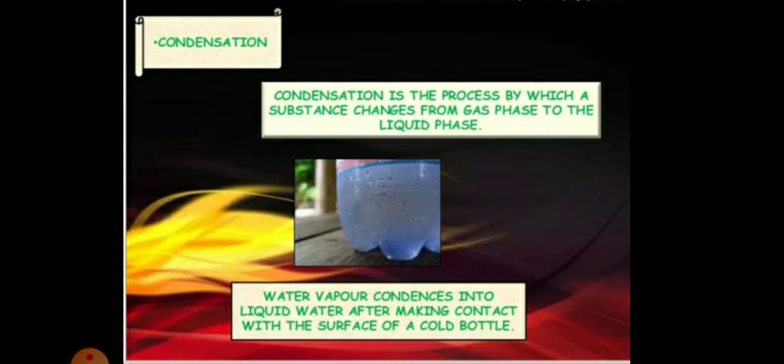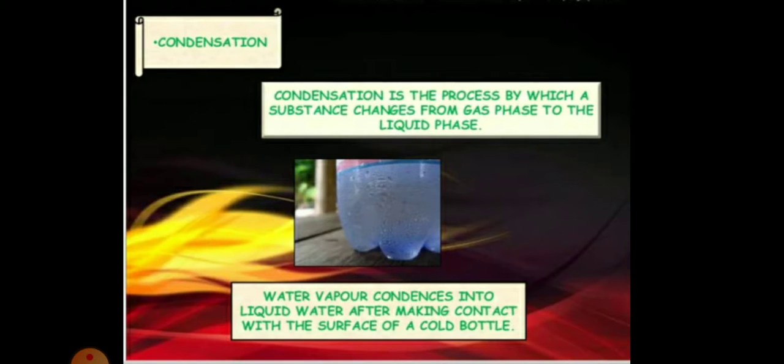So children, what do you mean by the condensation process? Condensation is the process by which a substance changes from the gas phase to the liquid phase. It means the water vapor condenses into liquid water after making contact with the surface of a cold bottle.